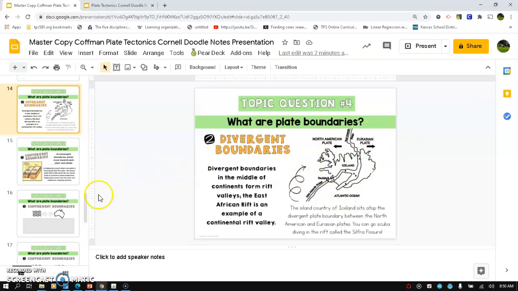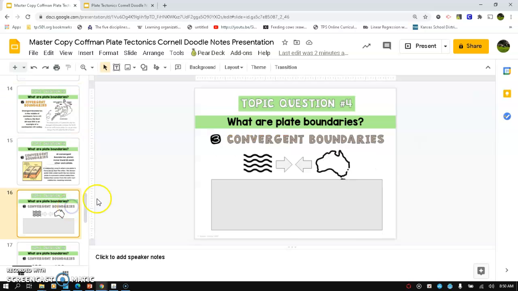Iceland is the island of fire and ice. It's up on the 62nd parallel, but it's got some really cool features because it's a volcanic area. We are not a volcanic area here in Kansas.